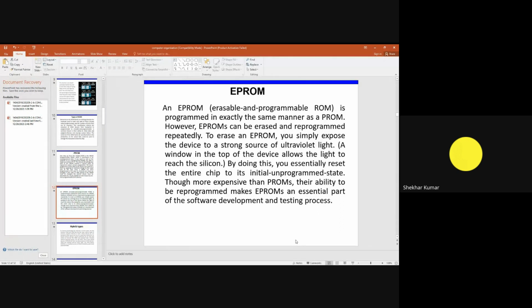Computers understand only these electric signals, which are represented in the form of 0 and 1. That's why we call it binary representation.